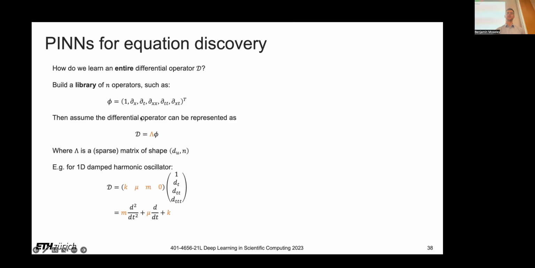Given these operators, we could form the wave equation, the harmonic oscillator, Burgers' equation. And then we assume the operator can be represented as this matrix lambda times these operators. Let's make that more concrete with the example of the harmonic oscillator. In that case, this lambda matrix is just k, mu, and the mass, times these things. And then we end up with our differential equation, essentially. Okay, cool.